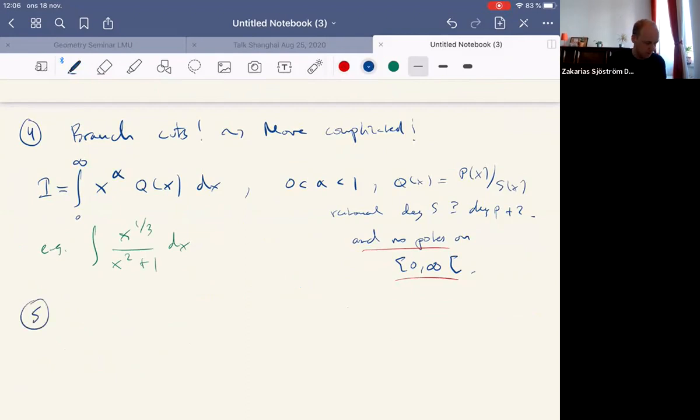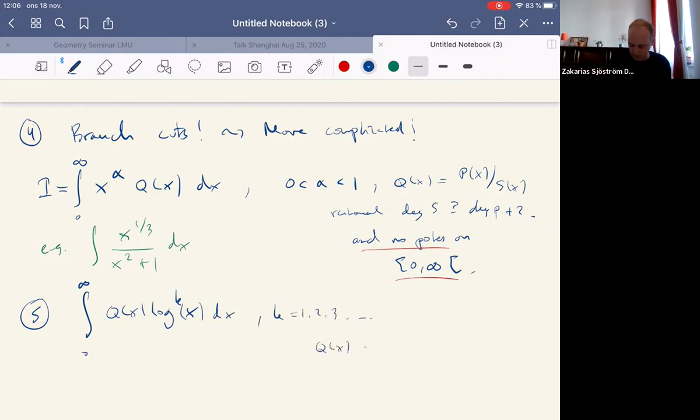And then number 5 is what we saw. It was the integral from 0 to infinity of q of x log to the k of x dx, with k equal to 1, 2, 3, and so on.